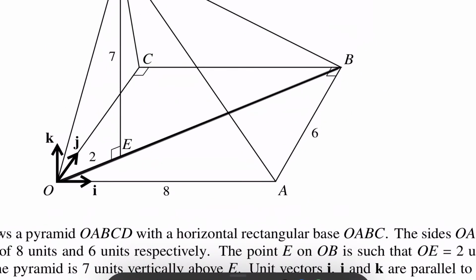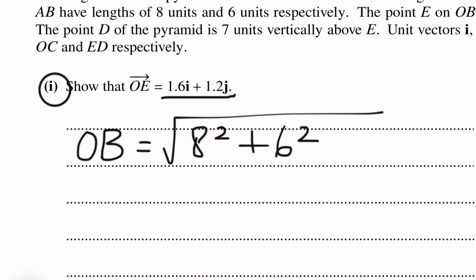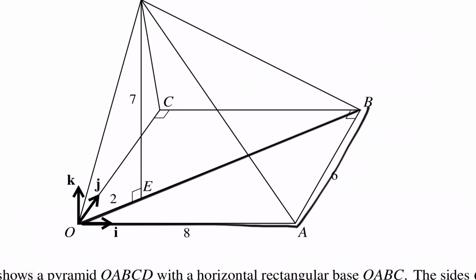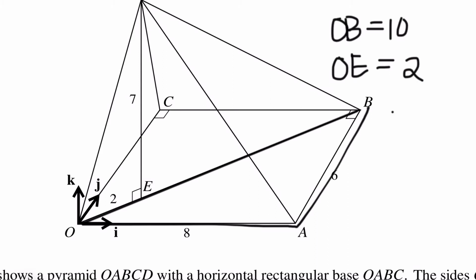This is shown by 8 here and 6 here. So OB is 10. Now since OB is 10 and OE is 2, the ratio of OE to OB is 2 over 10.